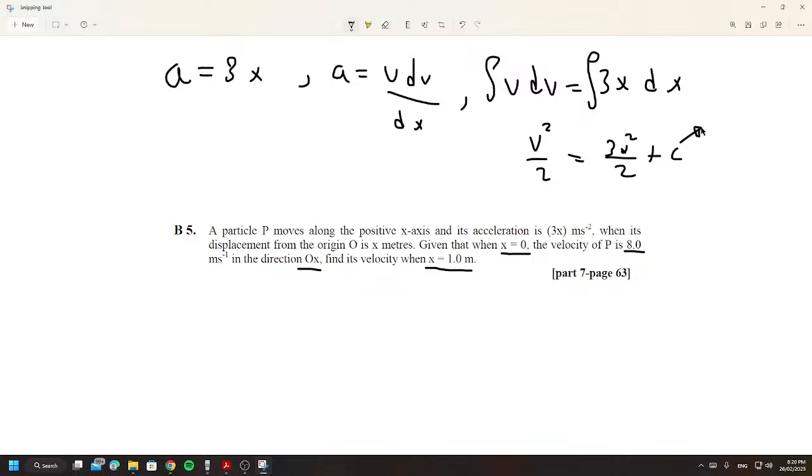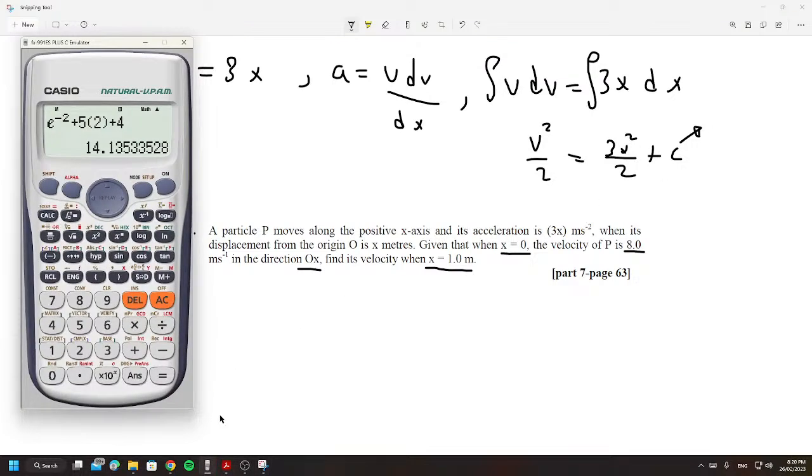Now we're going to have to solve for c. So v squared over 2 is equal to, let's just substitute.